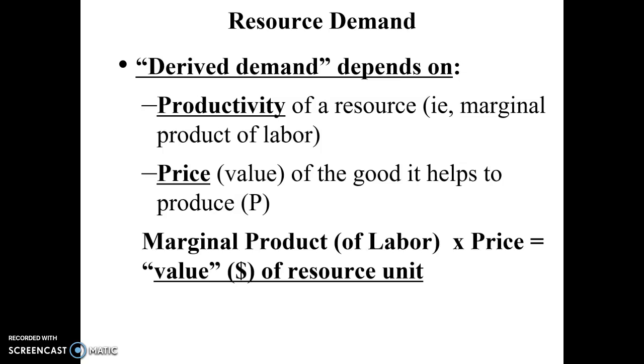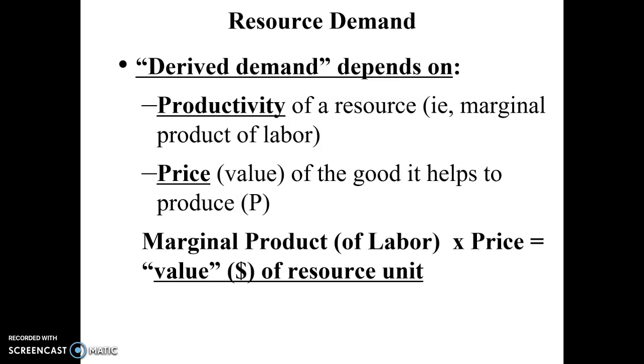We'll get to this a little bit more, but keep in mind that if we take this recipe of marginal product of labor, for every single next resource, whether it's a robot or a worker, we're calling it marginal product of labor, but it could be the marginal product of the machine or whatever.